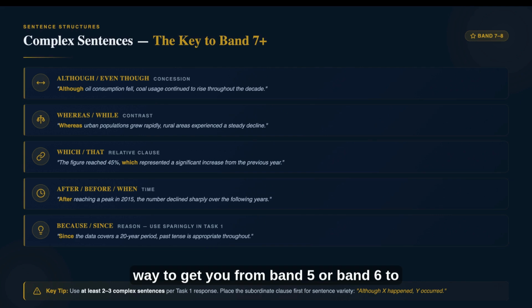One way to get you from band 5 or band 6 to band 7 or 8 is to use complex sentence structure in your writing task 1. Let's have a look at the examples. So here we have the subordinating conjunctions although and even though. We use them to express concession.